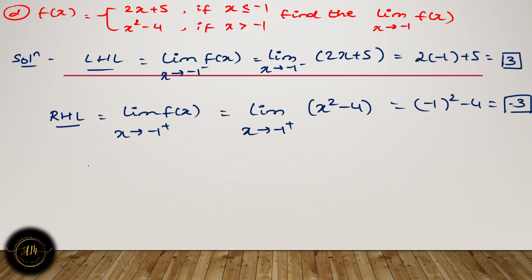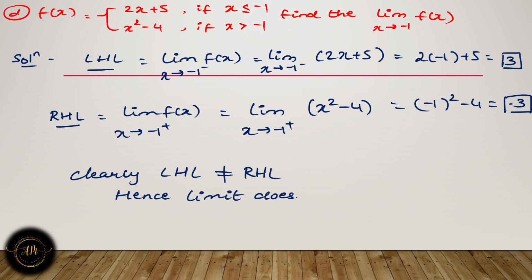As per the limit definition, your left hand limit and right hand limit should be equal. So clearly your left hand limit is not equal to your right hand limit. Hence the limit does not exist. Clear?